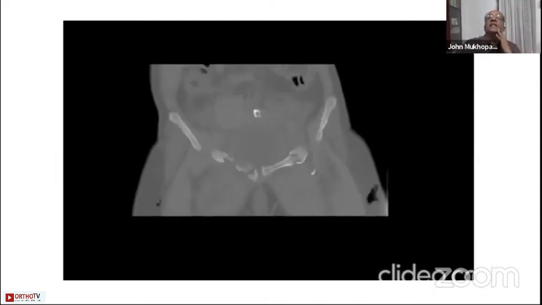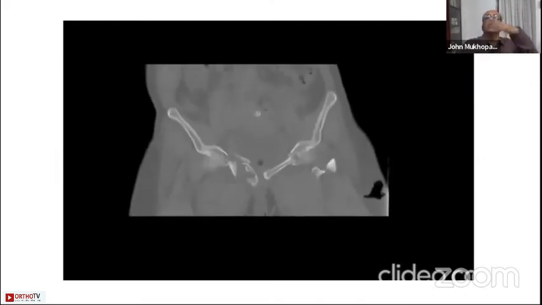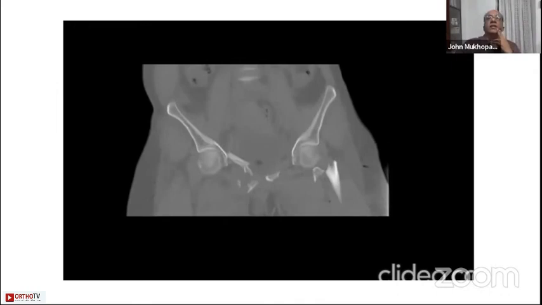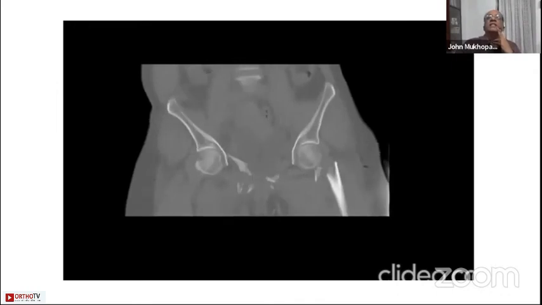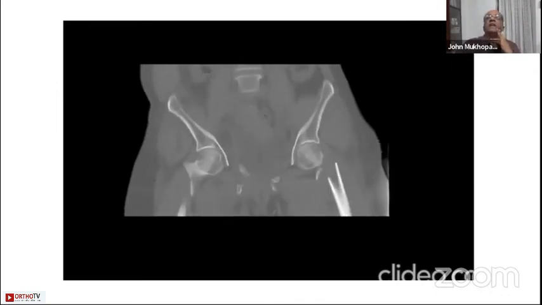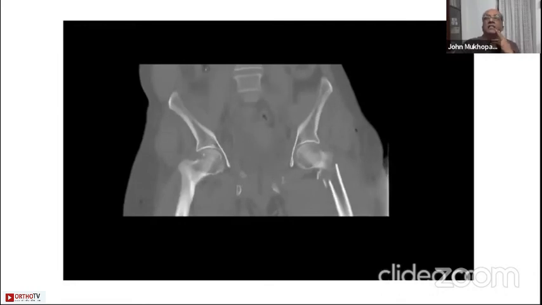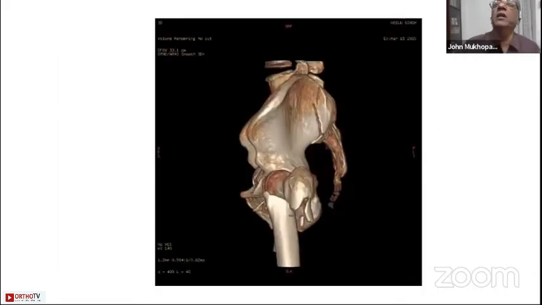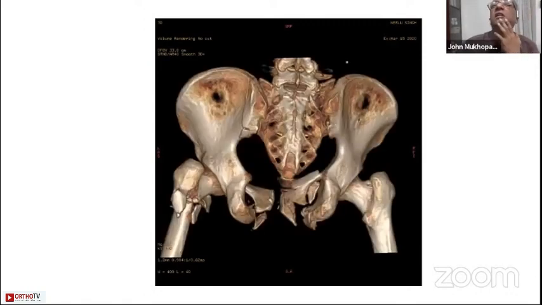You can look at the coronal sections again in the same way to look at the fractures. They're coming from anterior to posterior. And then you can see the 3D scans, look at the various angles of these 3D scans, which gives you a very good picture. But some of the details get lost in the reconstruction into the 3D scan. So it gives you an overall picture, but not as good in details as your 2D scan.